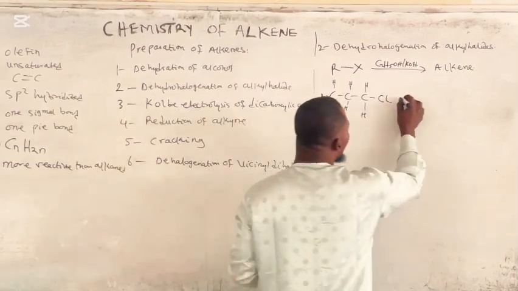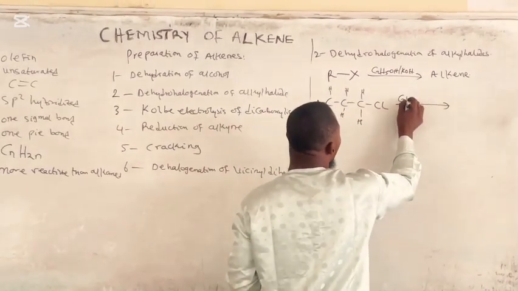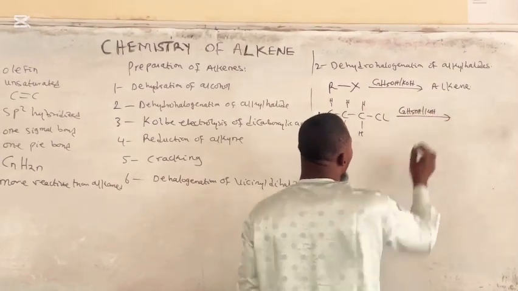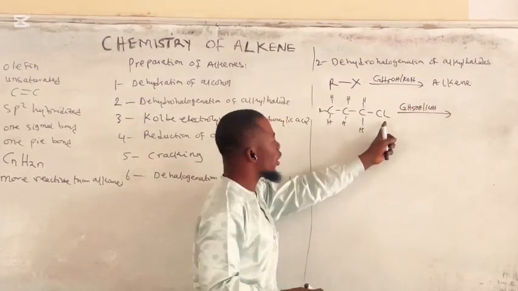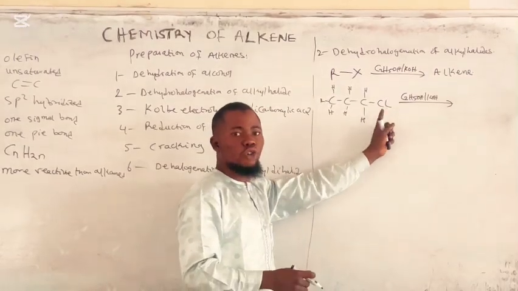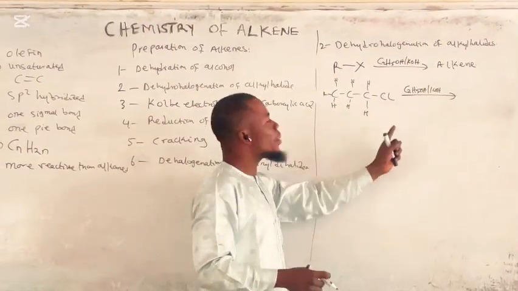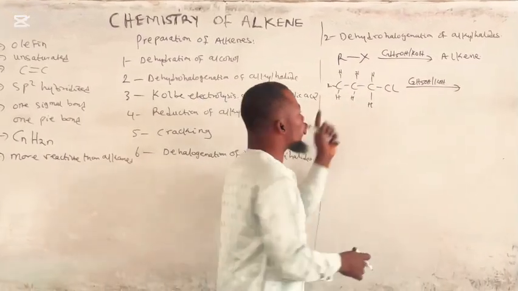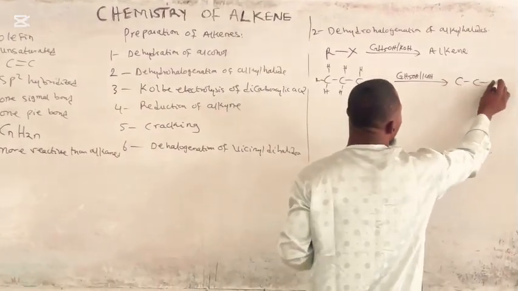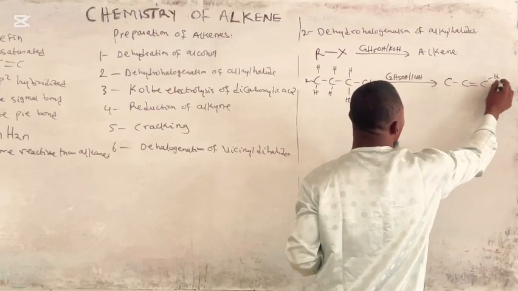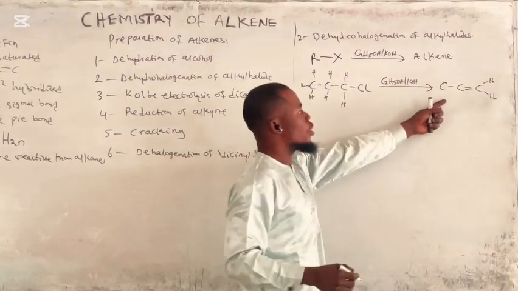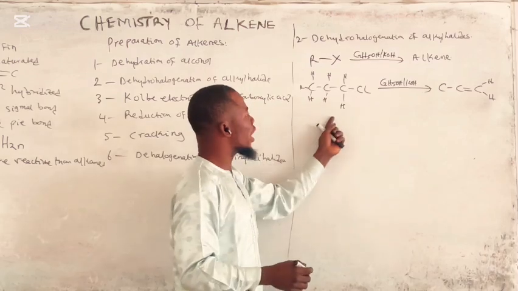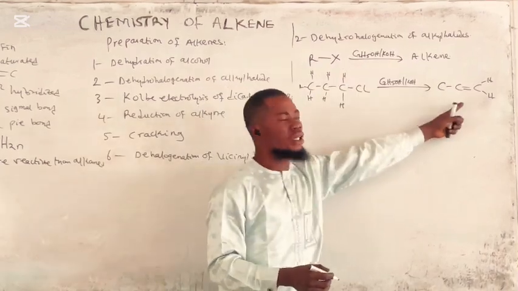In the presence of strong alcoholic potash, we will remove hydrogen and chlorine to form hydrochloric acid, thereby introducing a double bond. So from here, we will have propene. So removal of hydrogen halide from an alkyl halide will produce alkene.